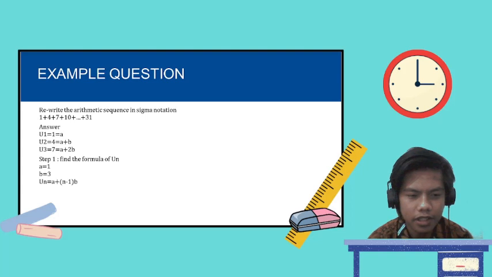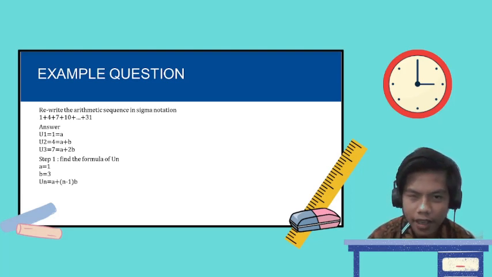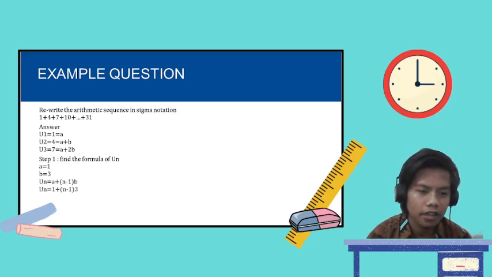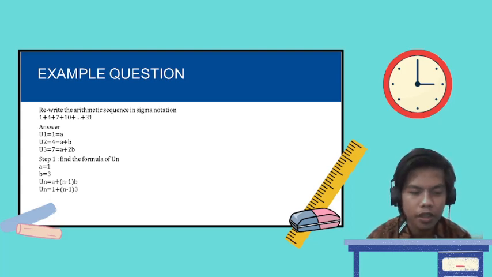And that's the pattern of an arithmetic sequence: Un equals A plus (n minus 1) times B. So we can substitute A and B. So we have Un equals 1 plus (n minus 1) times 3.